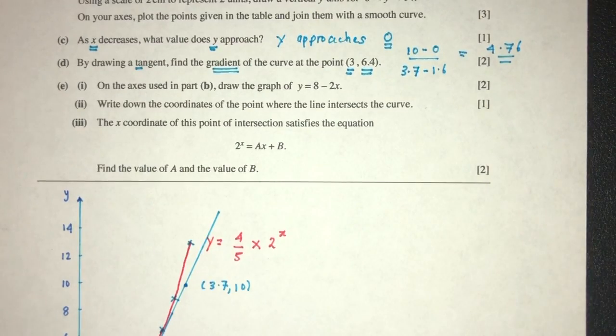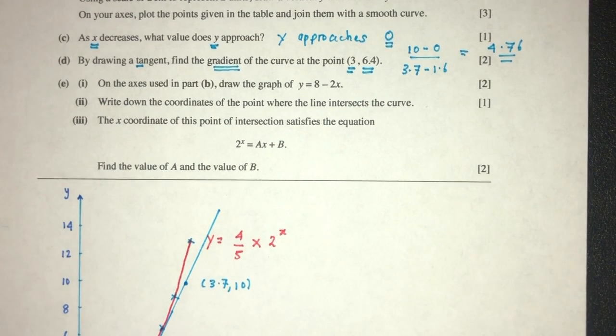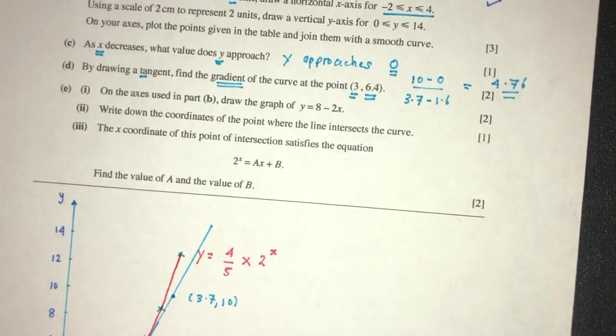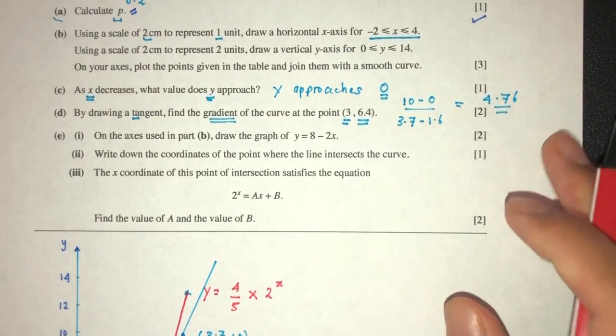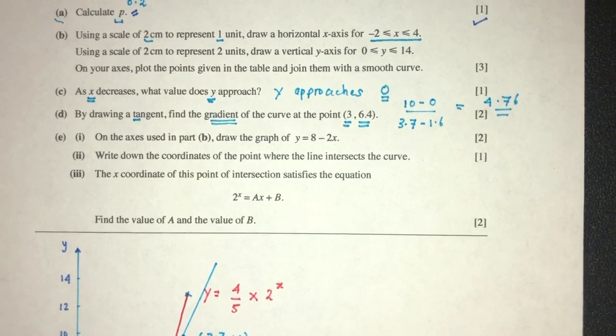Again, I don't think mine will be very accurate because my graph was done on a sheet of paper. However, if you use graph paper, you will find those 2 points accurately, and then you can find the gradient accurately as well. It may not be close, but the idea of doing the question is good.